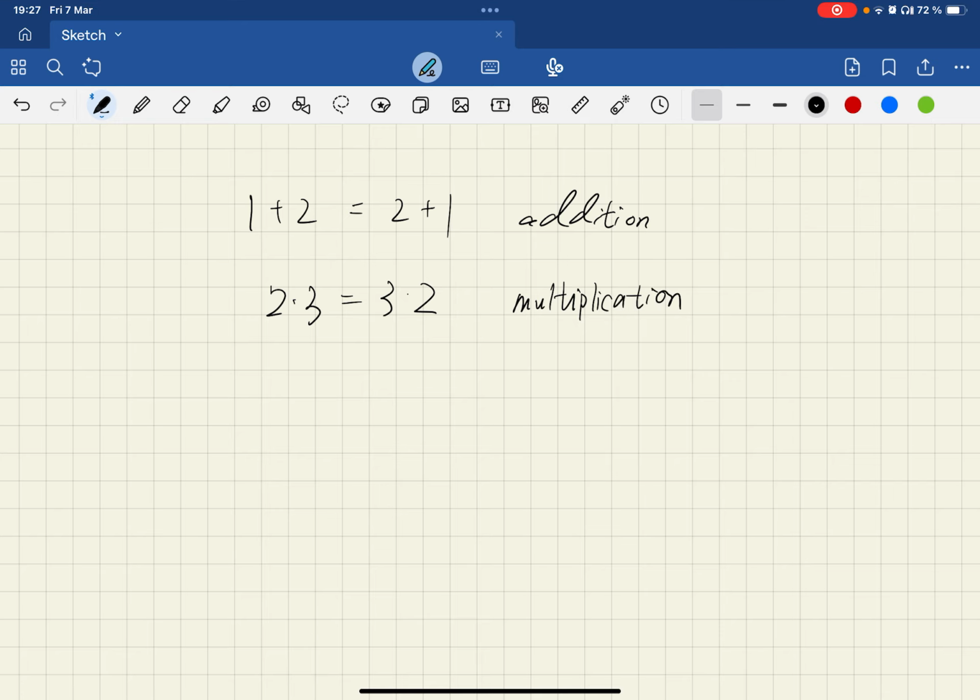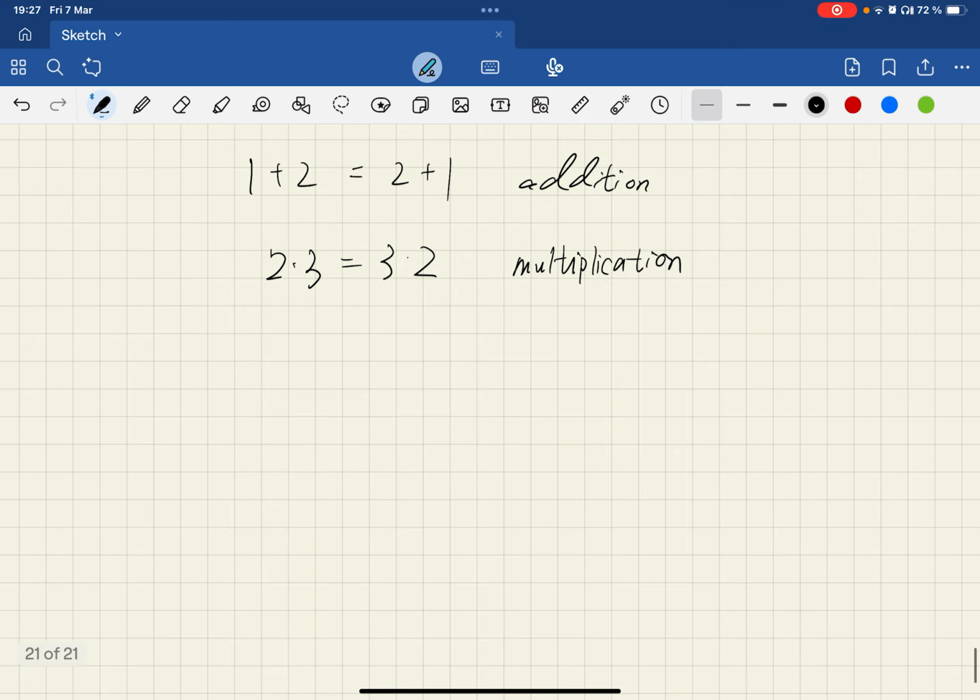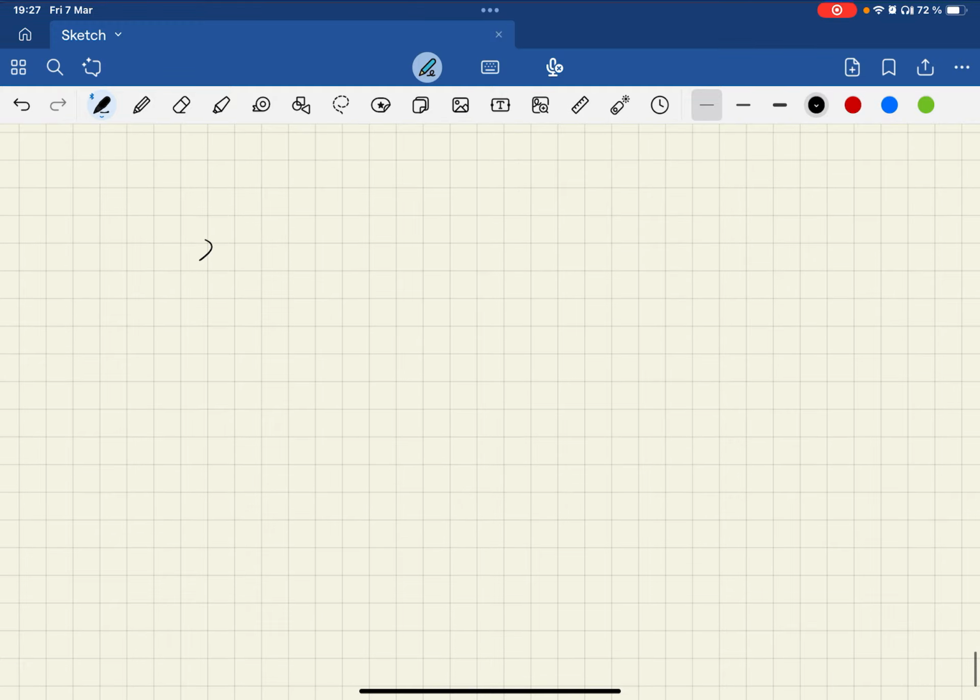Which can be written in an abstract way: x plus y equals y plus x. We can switch the order of adding, which means that the order does not matter for two elements to add together.